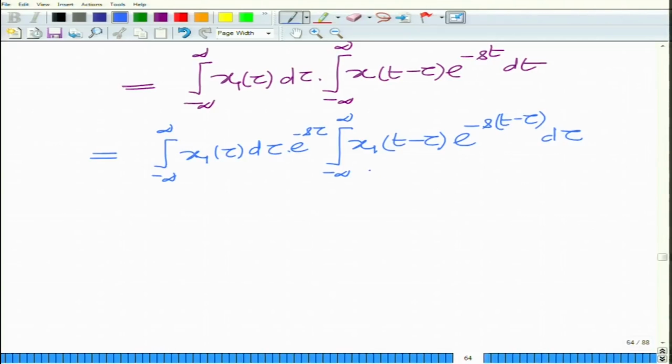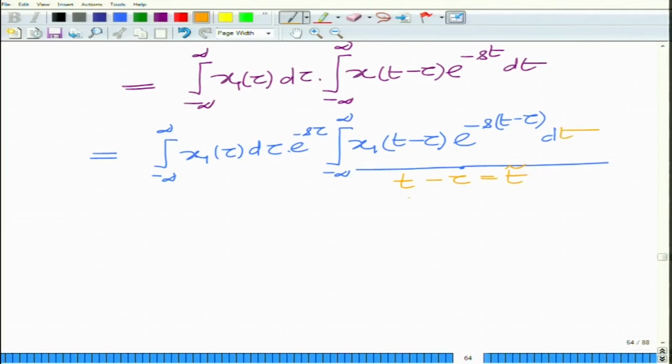Okay. And now you can see if I look at this integral, if I set t minus tau equals t tilde, then I will have dt equals d t tilde, since this integral is with respect to t.